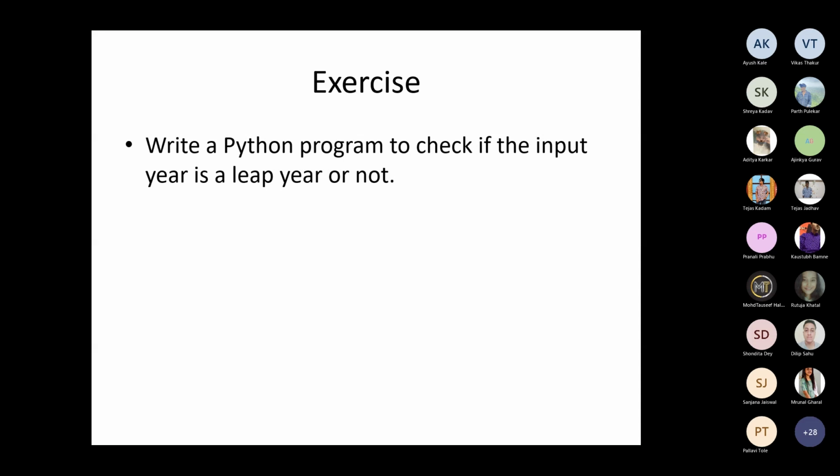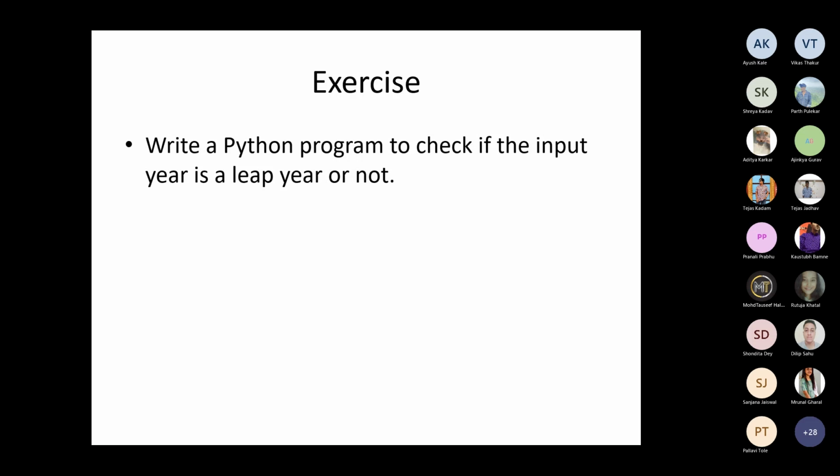That means 29th Feb occurs in that particular year. So that year is called the leap year. Is that clear? Now talking about every 4 years, that means the leap year is divisible by 4. Yes or no?